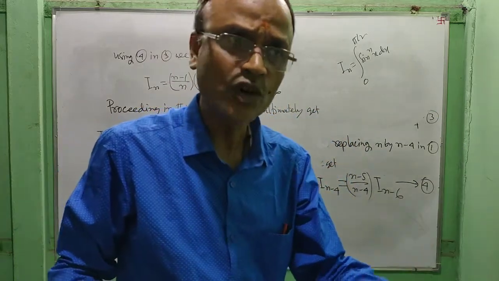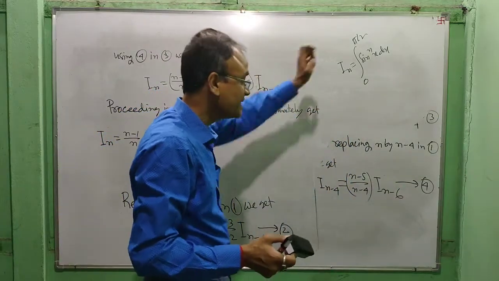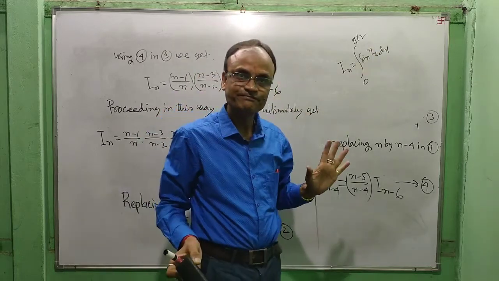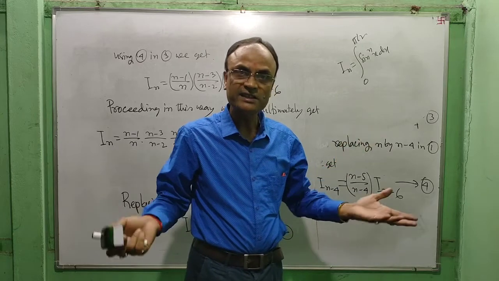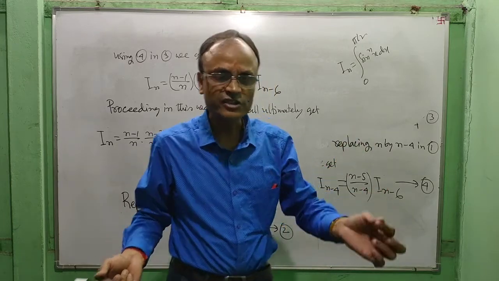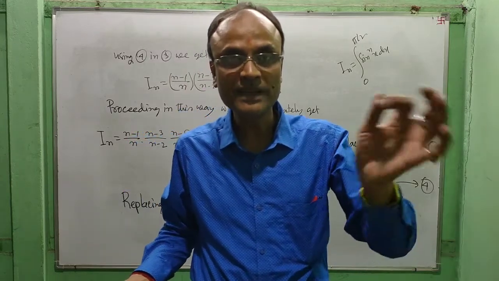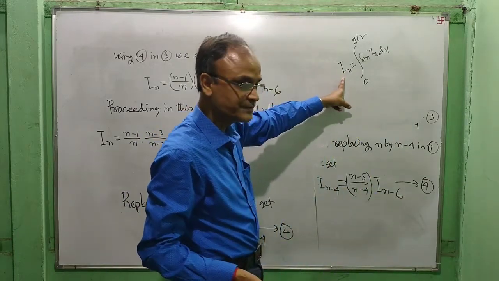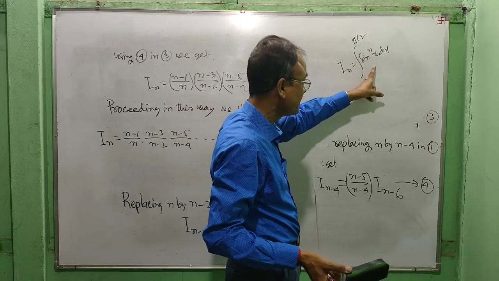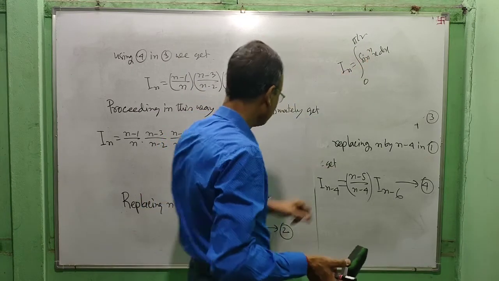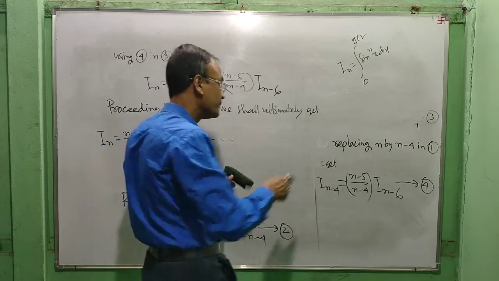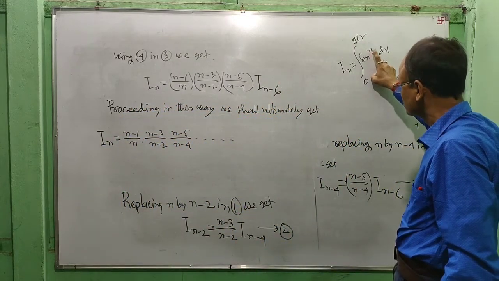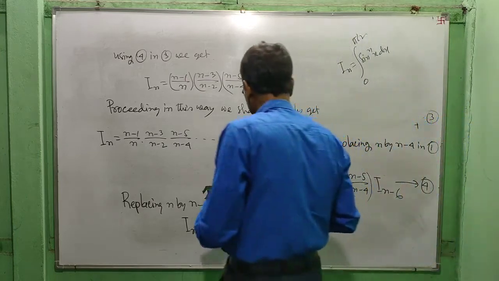N may be even or n may be odd. Suppose it is even. If n is even, it may be 6, it may be 8, it may be 10, it may be 12, like this. Suppose n equals 6 here.